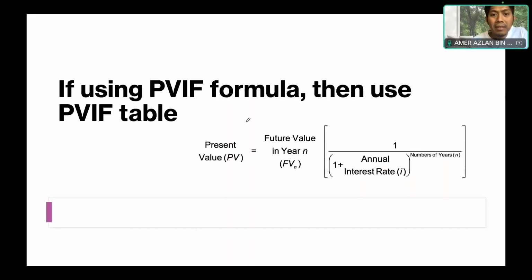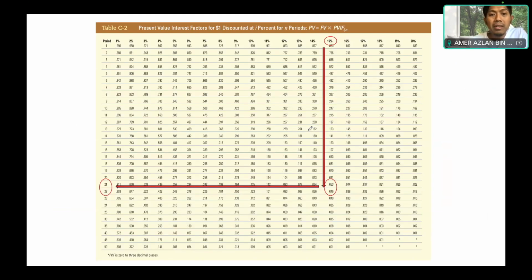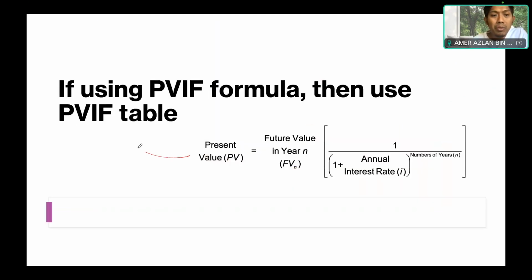Now the same thing, if you don't want to use the future value formula, you can also use the present value formula. If you use the present value formula, that means we have to refer to the present value table.